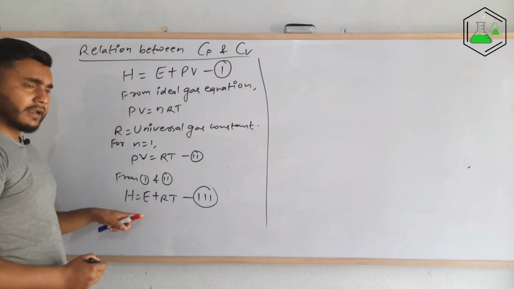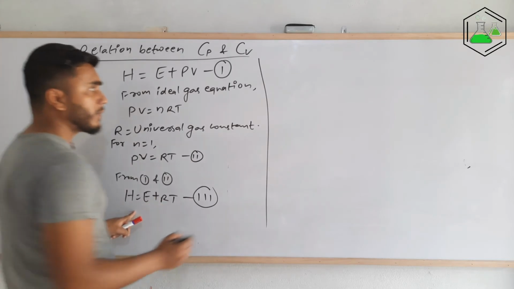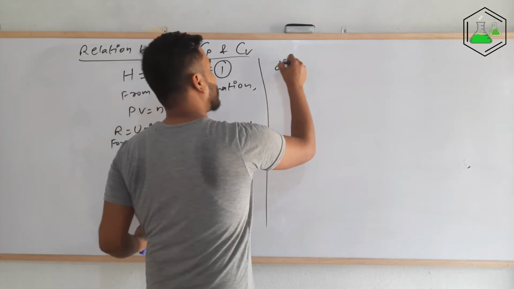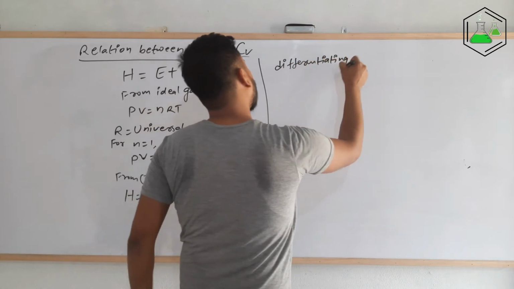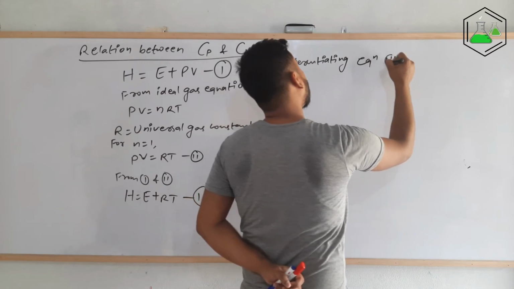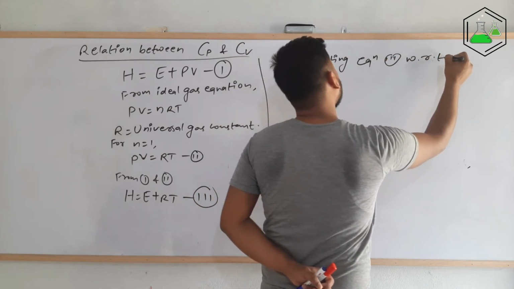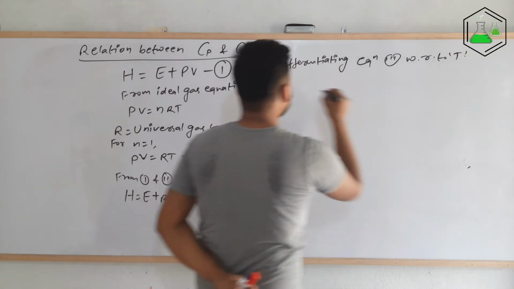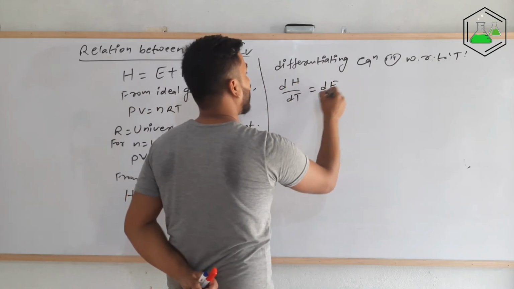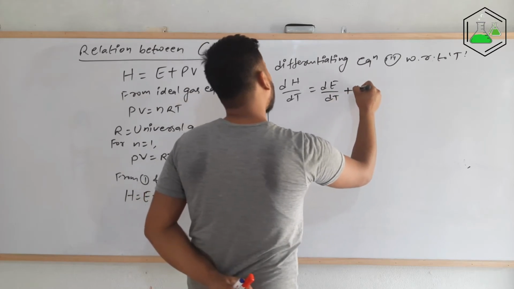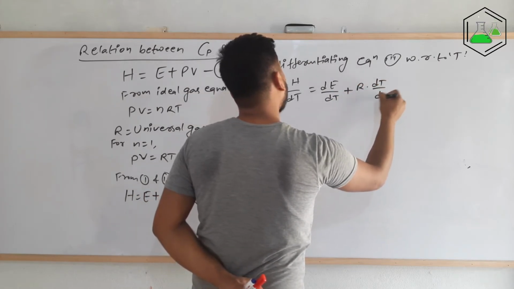Now let's differentiate equation number 3 with respect to temperature. Then what do we get? dH by dT is equal to dE by dT plus R into dT by dT.